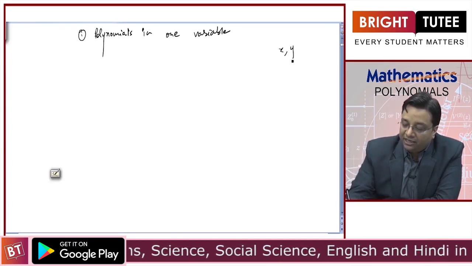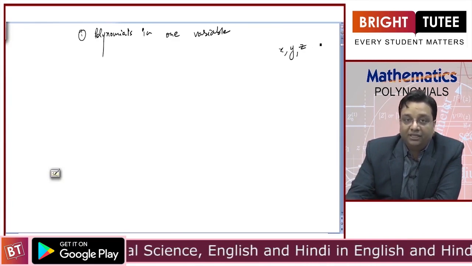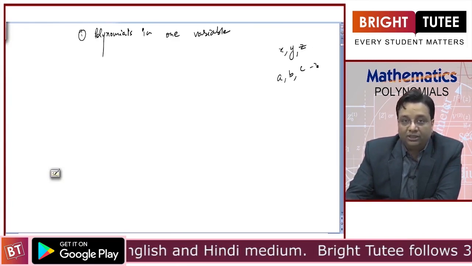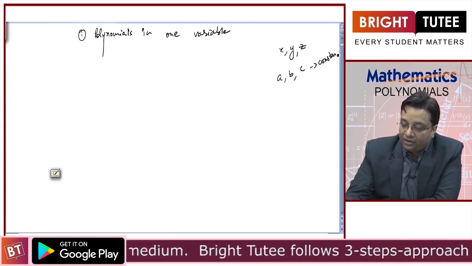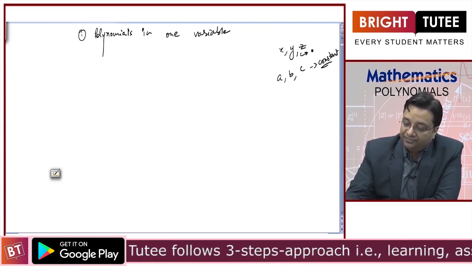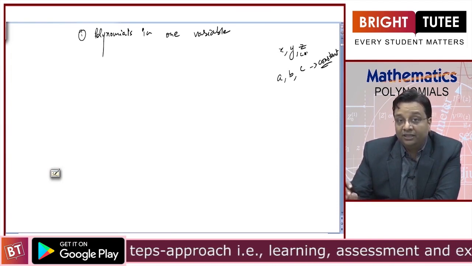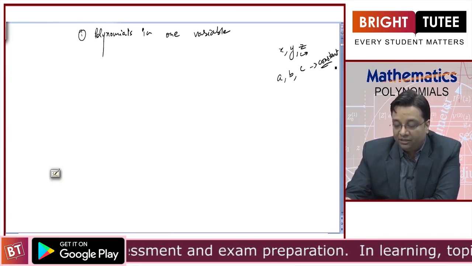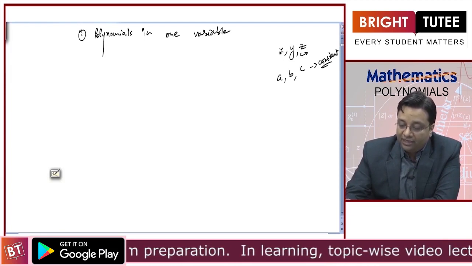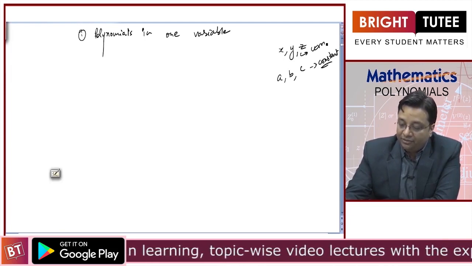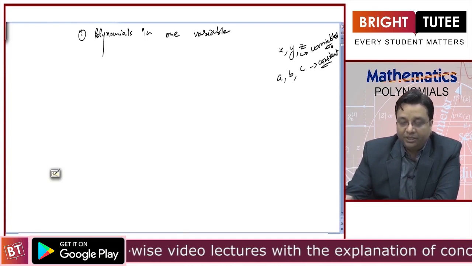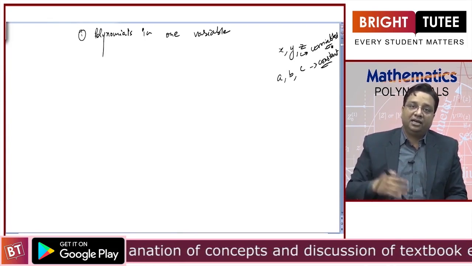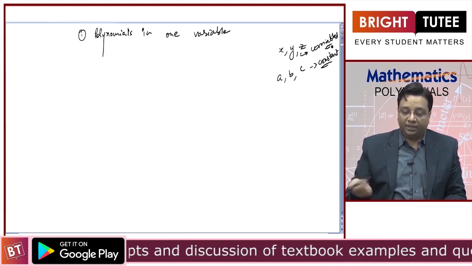Generally we use x, y, z as the variables and alphabets a, b, c as constants. This is what we do generally, right? It does not mean that a, b, c cannot be used as variables, but it is general convention that we use x, y, z as variables. Okay, in most of the questions when I am talking about only one variable, I will be using x.